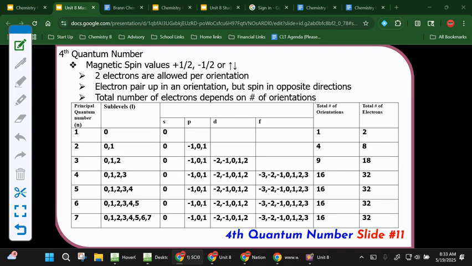There's only 8 elements in the 2nd energy level. Why? Because in the 2nd energy level, you only have room for 1 S and 3 P's. How many elements are in the 2nd period?